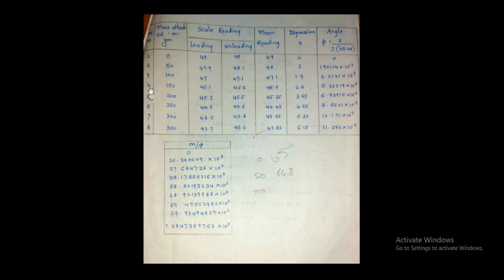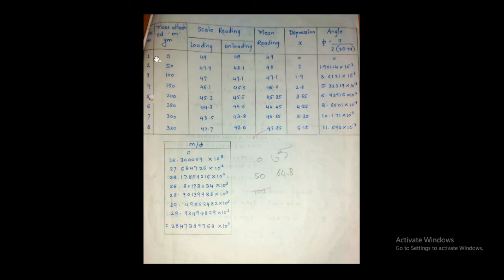Now we have to complete the observation table: mass attached m in gram, and scale reading while loading and unloading. Obviously, its mean should be taken. Then we have to calculate the depression, and the angle of flexure by the formula phi equal to x upon 2 times (2d plus a). The mass attached starts from 0, then 50, 100 and so on in the range of 50.